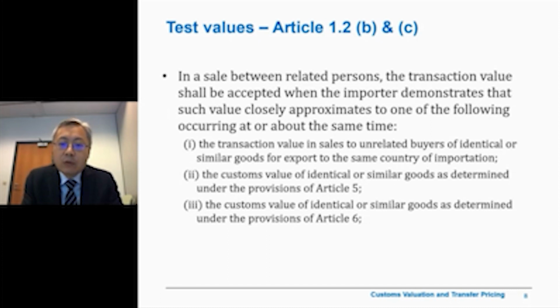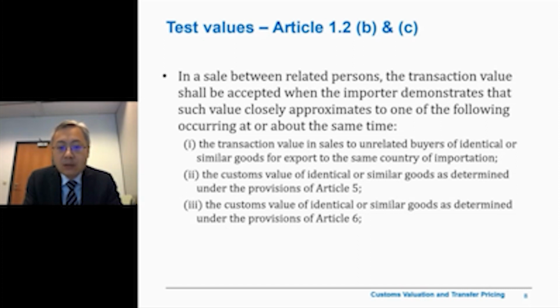In a sale between related persons, the transaction value should be accepted when the importer demonstrates that the following values closely approximate the declared value. What kind of test values do we have? First one, the transaction value in sales to unrelated buyers of identical or similar goods.